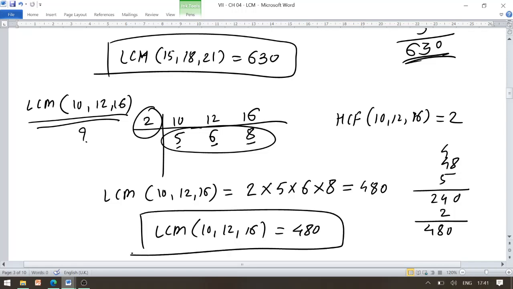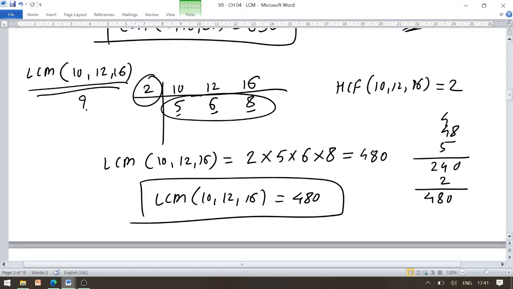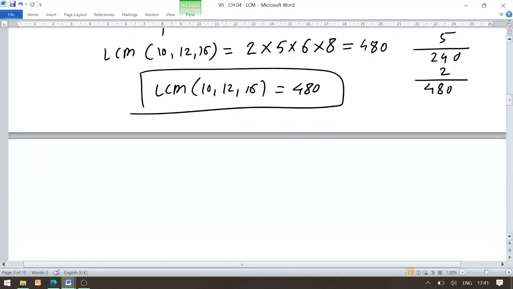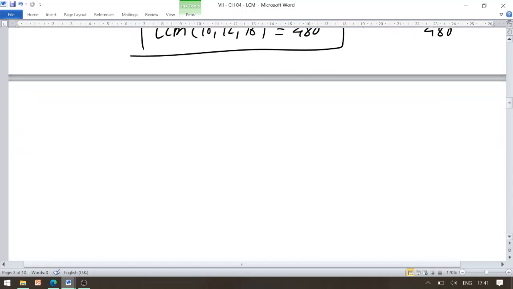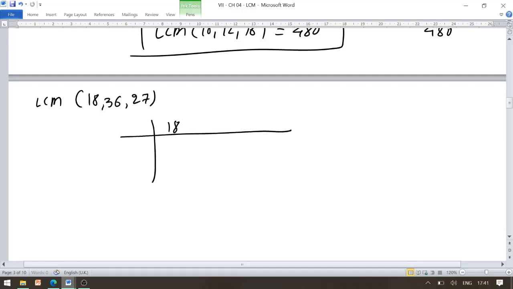Next to it, suppose now we have to evaluate the LCM of 18, 36 and 27. So let us write down the three numbers in a table-like way. There is a common divisor of all three numbers, which is 3. 3 sixes are 18, 3 twelves are 36 and 3 nines are 27.